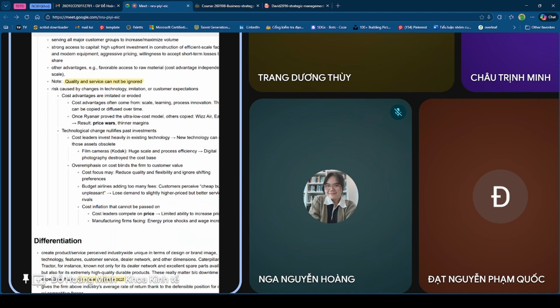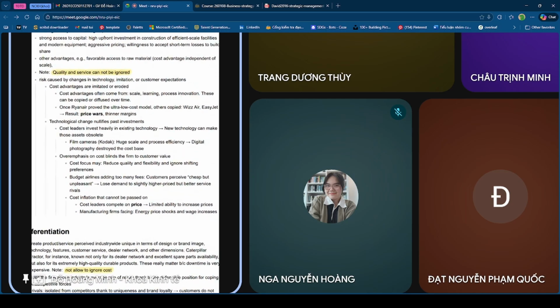And if your competitors can improve the quality, they can increase the market share. So competitors also operate at a large scale, and they can have the cost due to the large scale, economies of scale. So that is the first one.